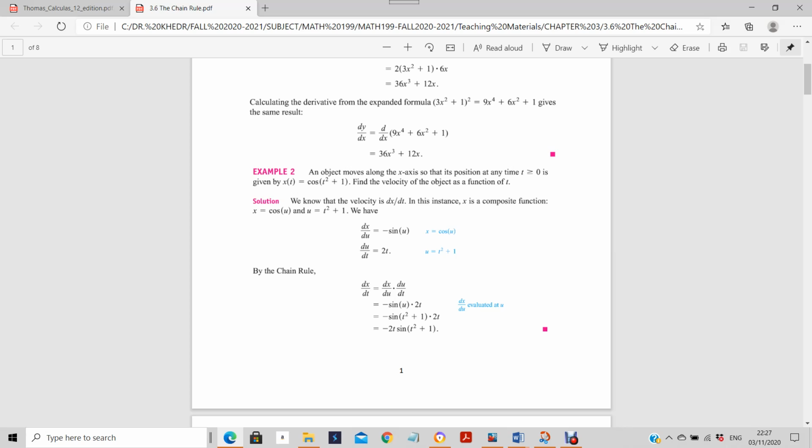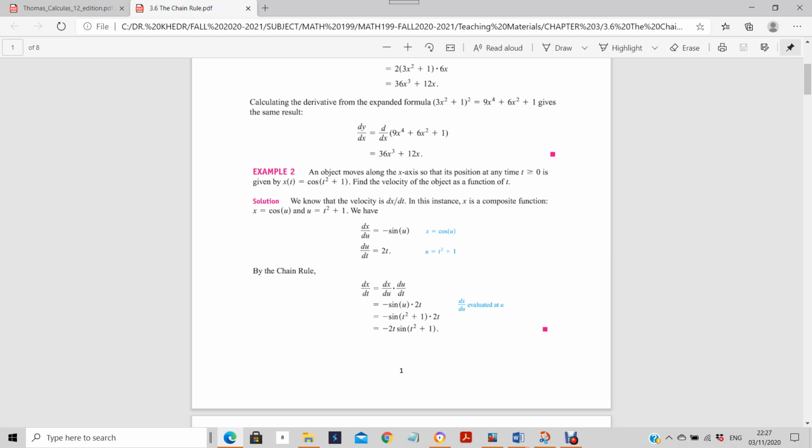So in this instance, x is a composite function. So we can write x as cosine u, where u is the term inside the bracket, t squared plus 1. So to find the derivative of x with respect to t, first you have to differentiate x with respect to u and differentiate u with respect to t and multiply these two differentiations.